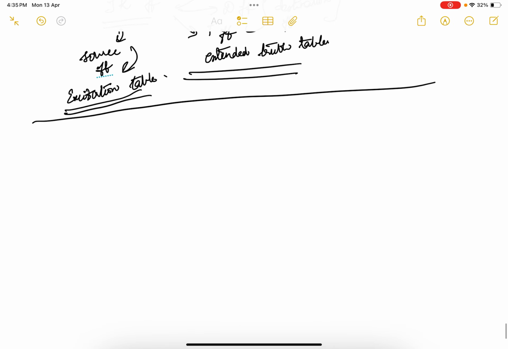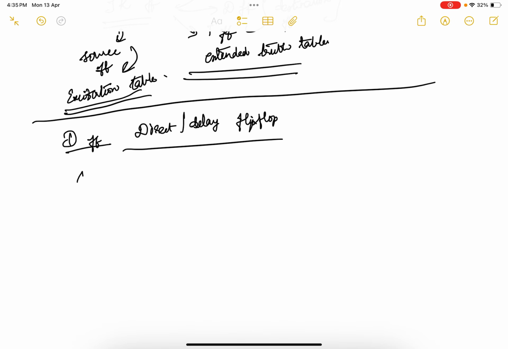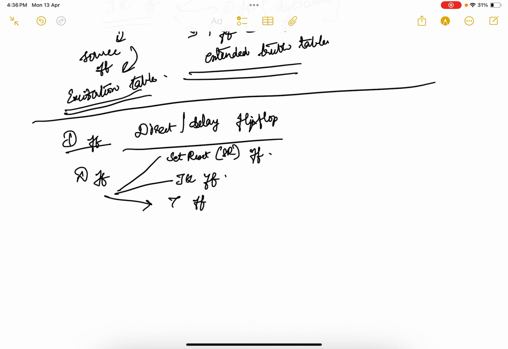In a similar fashion, in the upcoming lecture, we will go with the other type of flip-flop, the D flip-flop. D, as I already told you, is nothing but direct or delay flip-flop. We will see how to convert D flip-flop to set reset, that is SR flip-flop, or to a JK flip-flop, or to a T flip-flop, which is nothing but the toggle flip-flop.